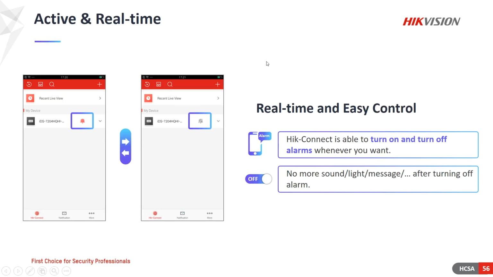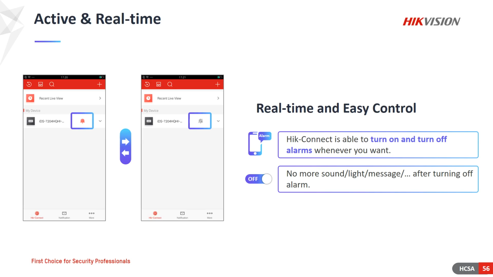Because the end user is going to receive the notification from the DVR, on the phone there's an app called HikConnect. With HikConnect, we are able to turn on or turn off the alarms whenever we want. It's also very convenient.